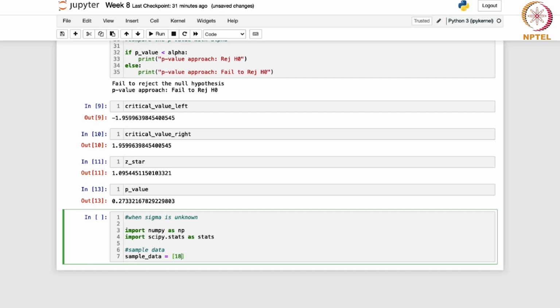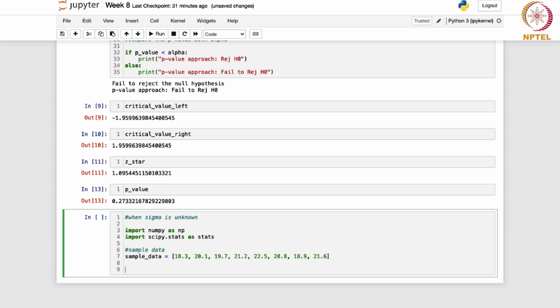Let me just mark, suppose it is 18.3, 20.1, 19.7 we can take, 21.2, 22.5, 20.8, 18.9, 21.6. Okay, so this is an array that would contain your sample data.